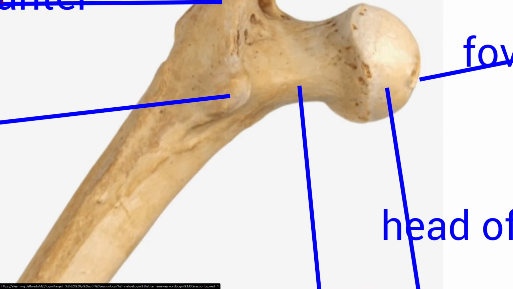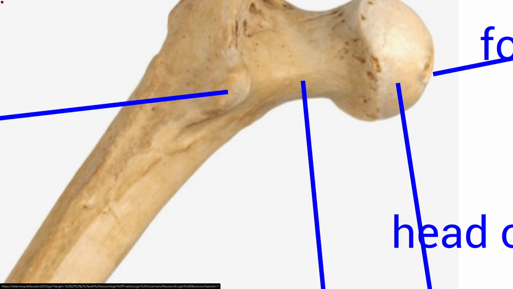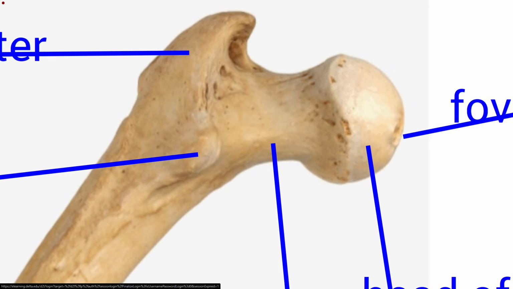Can you see that pretty well? You see that? That depression right there. And then this one right here, I don't know if we labeled it, but we can. I've got the marker there, but I don't know if I labeled it. This is the neck of the femur. Okay, so that's the neck.